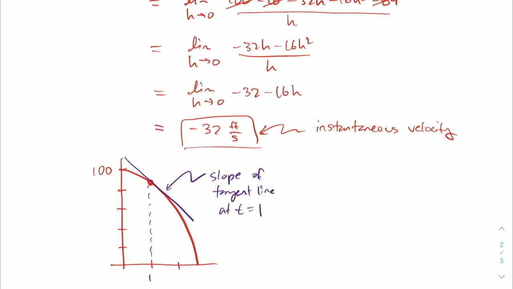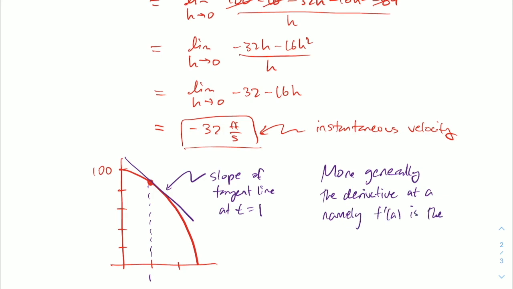And more generally, the derivative at a point a, namely f prime of a, is the slope of the tangent line at a.